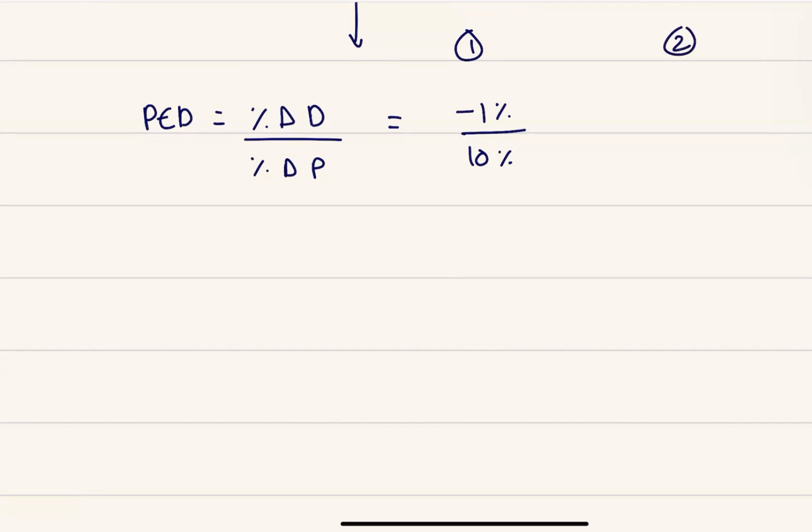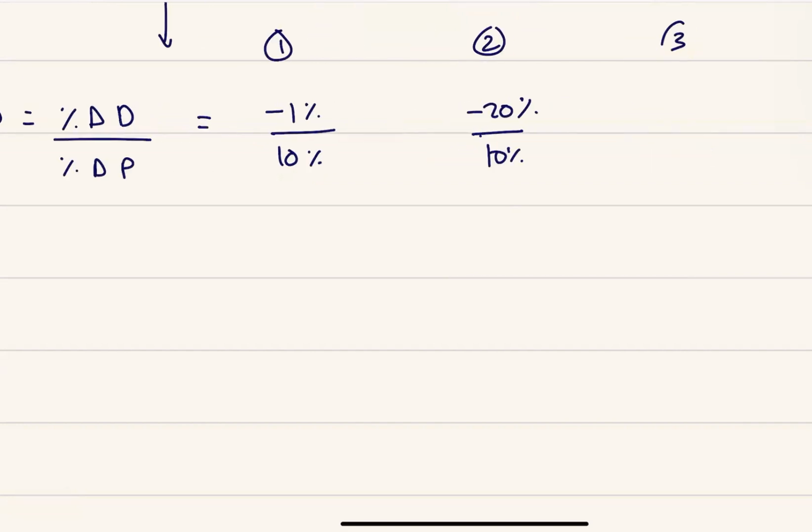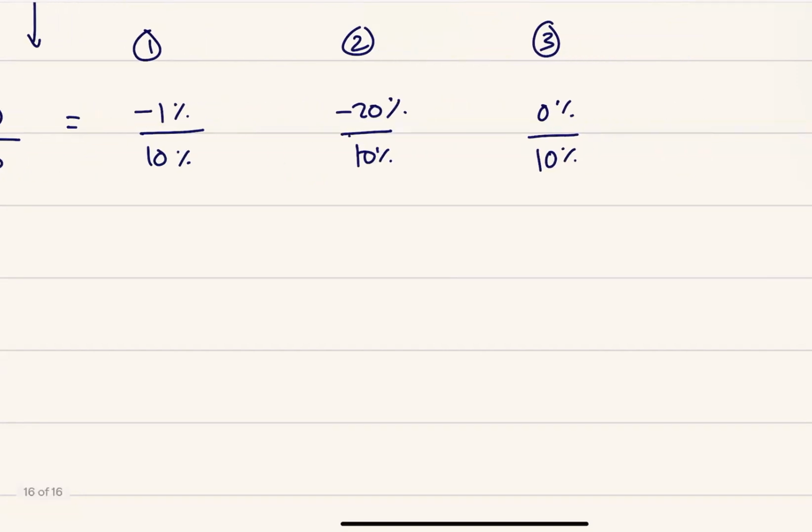Example two, the price goes up by 10%. Demand goes down by 20%. Example three, the price goes up by 10%. Demand doesn't change at all. And example four is when the price goes up by 10% and the demand goes down by infinity, like all the way to zero. The last one's a bit weird, but let's go through them one by one.